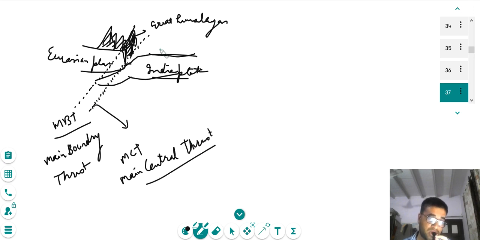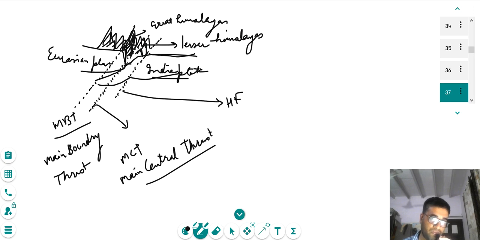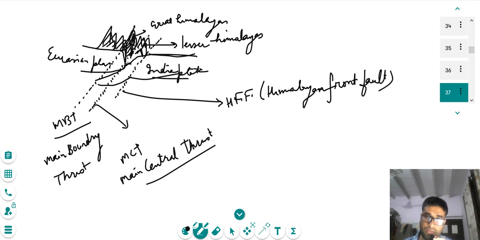Along the main central thrust, there was upliftment of the Lesser Himalayas. And this fault is called the HFF, the Himalayan Frontal Fault.